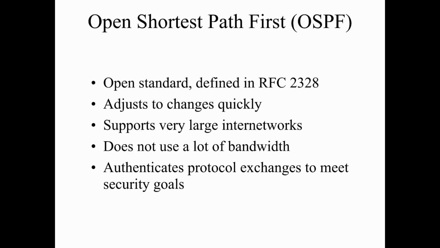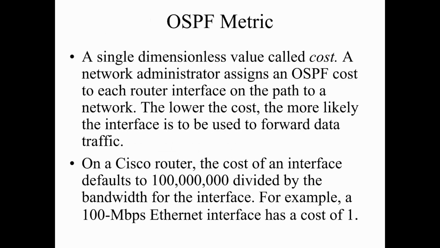OSPF, or Open Shortest Path First. It adjusts to changes quickly, supports very large networks, does not use a lot of bandwidth, and does have authentication. OSPF is very common, so is EIGRP. Normally, the OSPF metric is a single dimensionless value called cost.